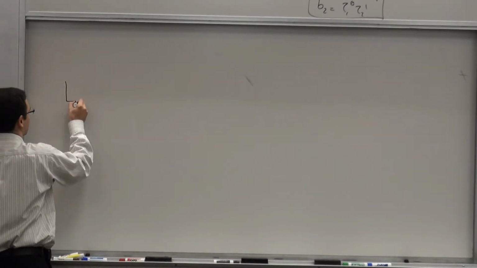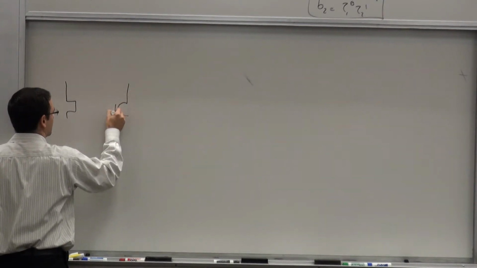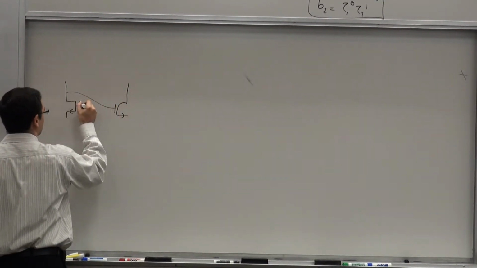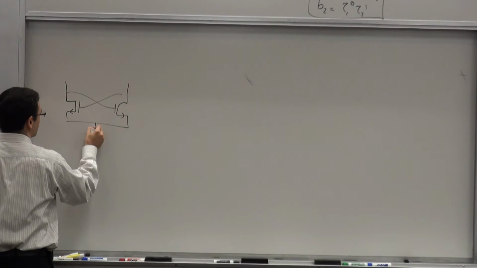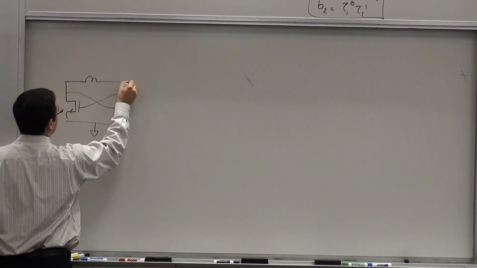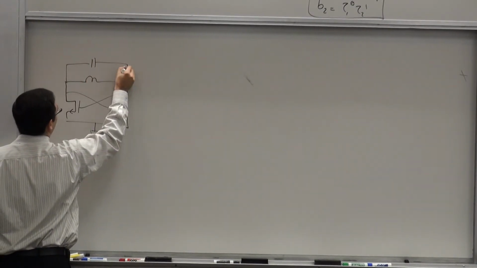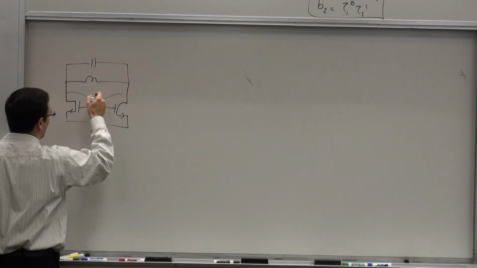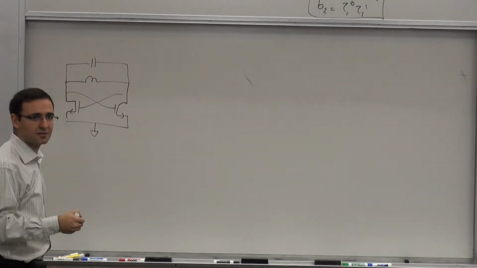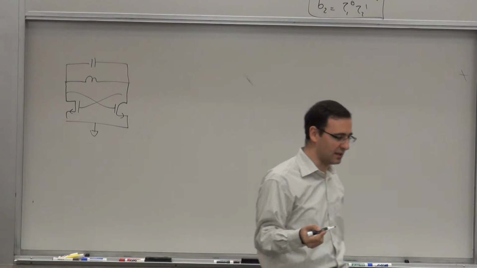So think about this circuit. Two NMOSes, cross-coupled, an inductor, a capacitor, and if you wanted to bias it, you can bias it from the middle of the inductor. So let's assume that's biased properly.